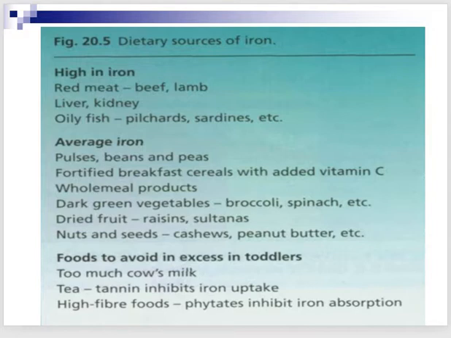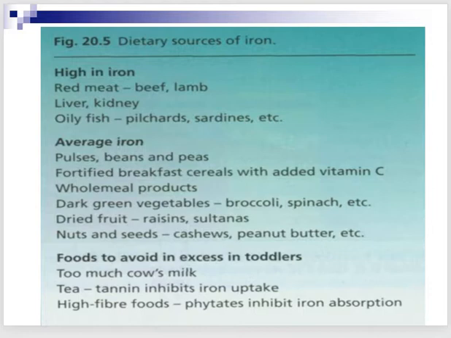Basically, babies have a reserve of iron in their body, but when babies are fed on cow milk, for example due to poverty, I'm talking about developing countries, they cannot buy the expensive marketed milk, powdered milk or formula milk.